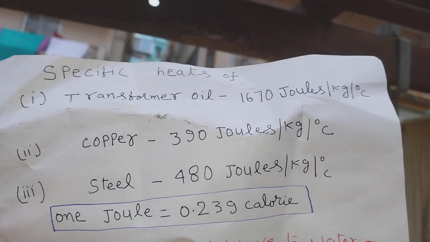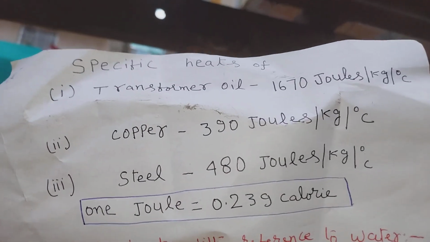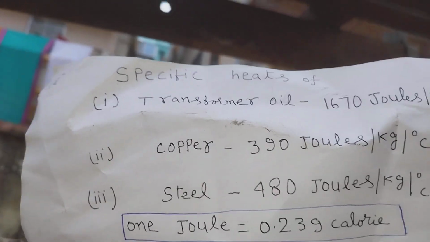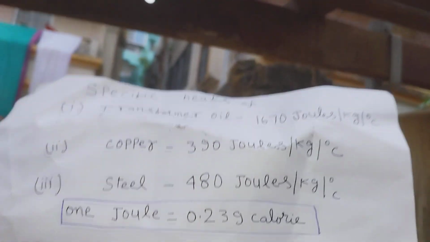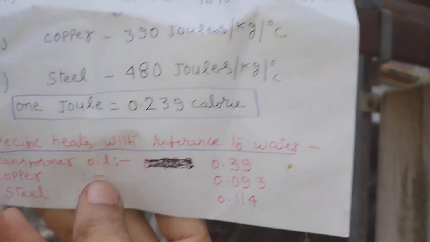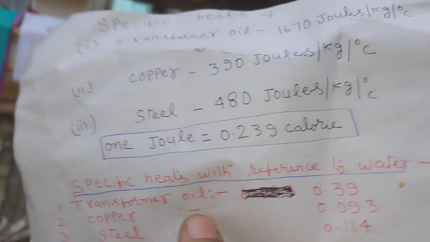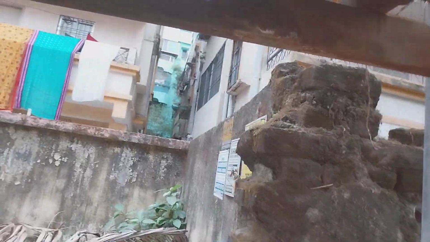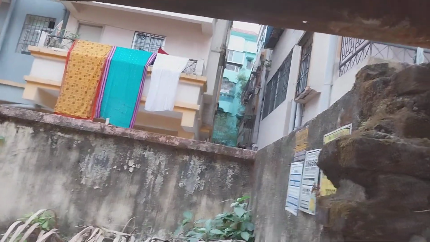So 0.093 calorie is required to raise the temperature of 1 gram copper by 1 degree centigrade. But for transformer oil, it is 0.39. So the specific heat of oil is almost 4 times that of copper.